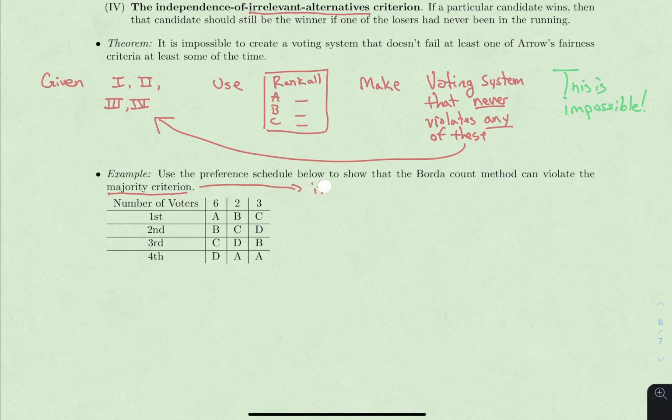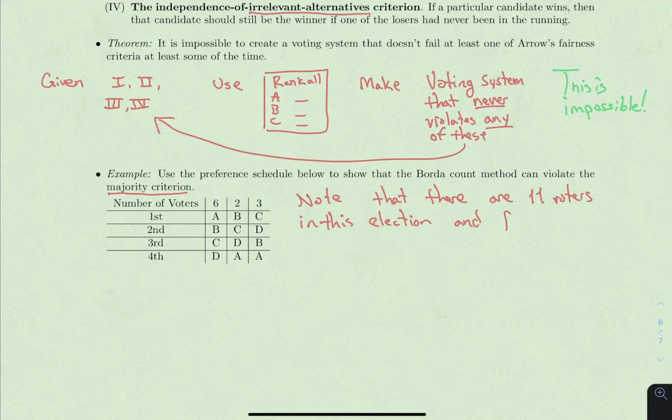Note that there are 11 voters in this election, and A got 6 first place votes. The majority criterion would say, listen, A should win. More than half of the people voted A as number 1.